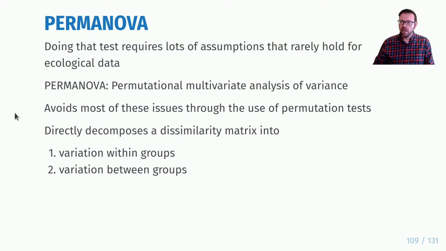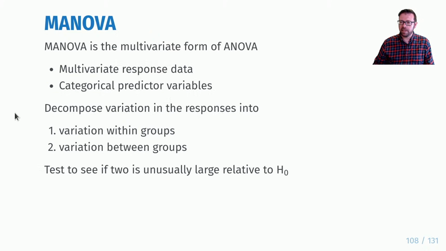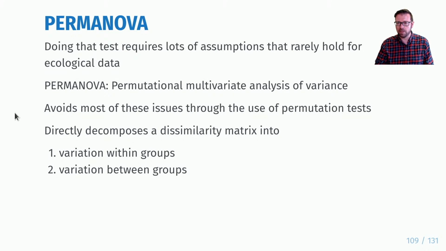Okay. So doing that test at the end there, testing to see if the variation between groups is unusually large relative to some null hypothesis, requires a lot of assumptions about multivariate normality and all sorts of other things that rarely hold for ecological data. And so PERMANOVA was invented by Marty Anderson as a way to get around this problem.